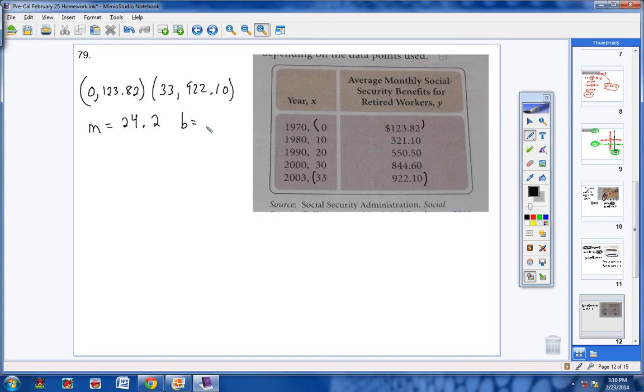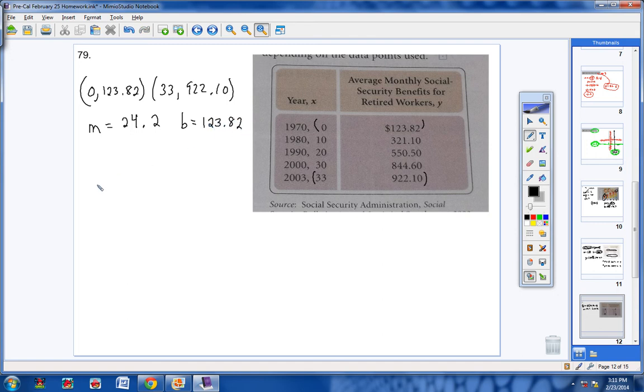So I don't mind you using that shortcut as long as you first learned how to use y equals mx plus b, because sometimes you're not given an ordered pair that has a 0 right here for x. And when you're not given an ordered pair like this one, then you're going to have to use y equals mx plus b. Okay? But anyways, because I have an ordered pair that is 0 comma something, I do know that my b, my y-intercept, will be 123.82.